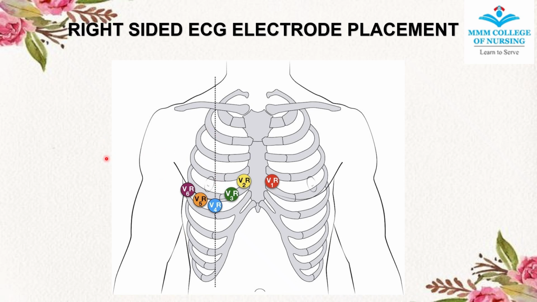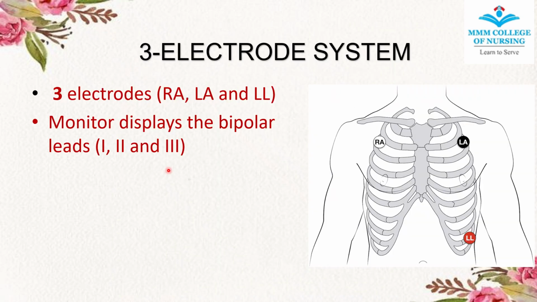When we need to record the ECG continuously, or when we have to connect the patient to a continuous cardiac monitor, or even in case of recording a Holter monitor, we go for the 3 electrode system or 5 electrode system. In the 3 electrode system, the right arm, left arm and left leg electrodes are positioned on the chest wall and the abdominal region.